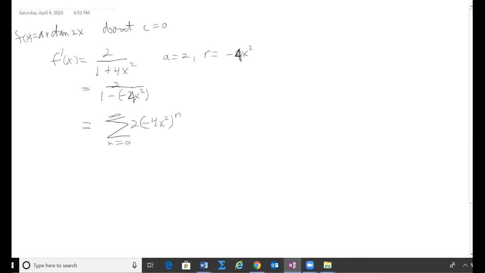Now you might want to clean this up a bit. I'm going to put that 2 out in front just to leave it there for now. Maybe I'll bring it back in later, but this could be written as 2 to the 2n and then x to the 2n. And let's not forget our negative in there: negative 1 to the n.